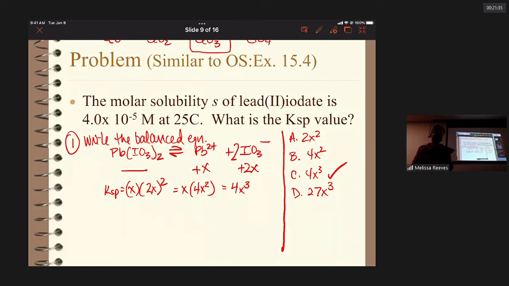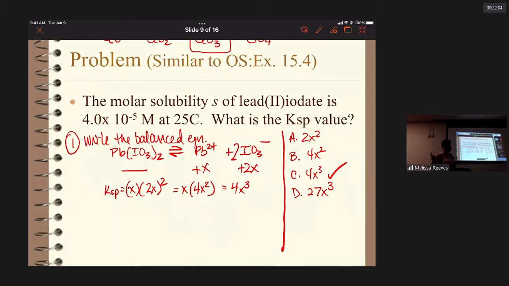So this is the part that can mess you up on solubility problems, is remembering what S is related to. S is related to X. And if you want to think of mnemonics, how are you going to think S is related to X? What word can you think of? Red Sox. That's the first thing that came into your mind, right?